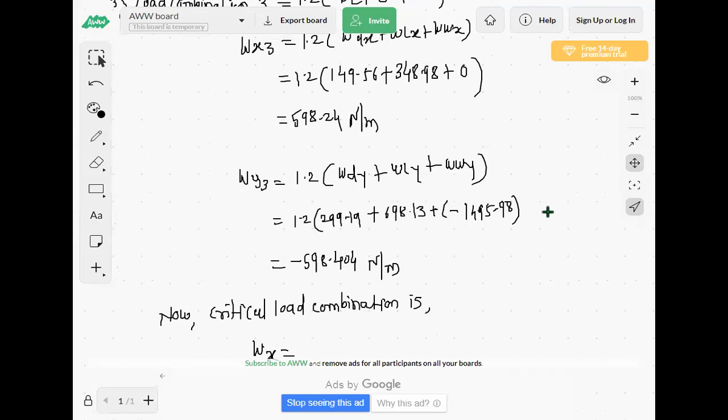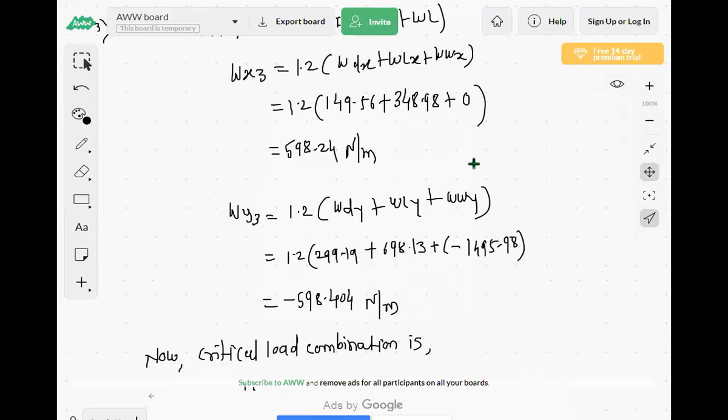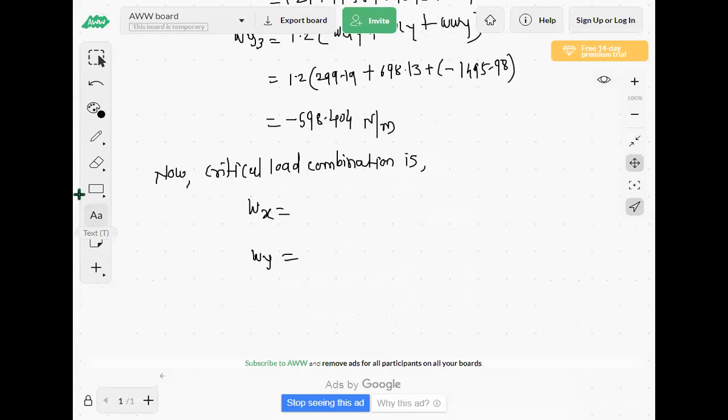X direction maximum value is 747.81 Newton per meter. This is the X direction critical load coming on the Purlin. Now the Y direction critical load.